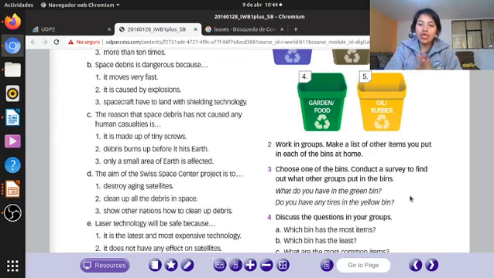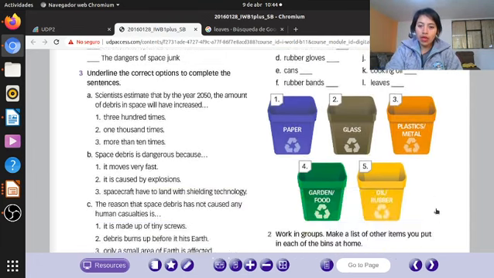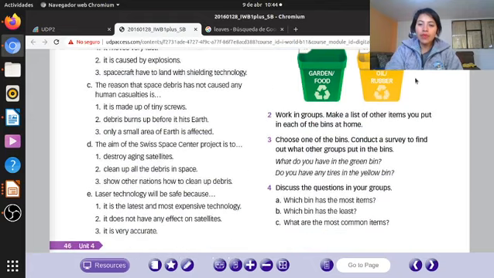Please take a picture only of this part, right? Vocabulary, right? And also you have to make your parents sign this homework, right? And you have to upload it to the classroom, right?